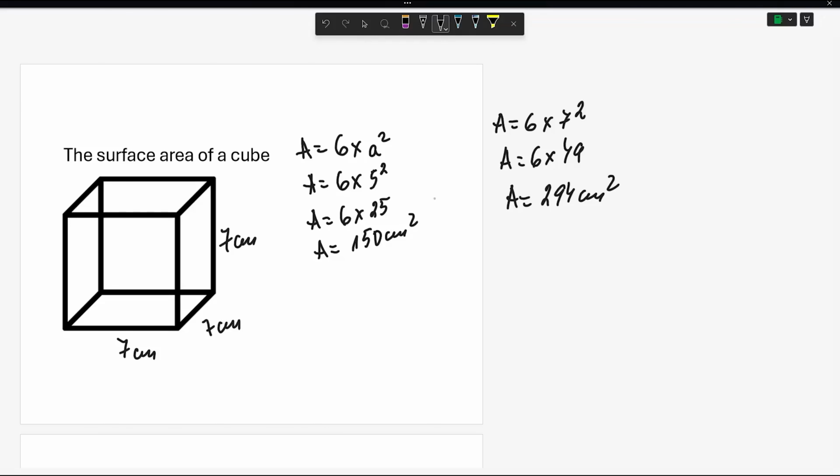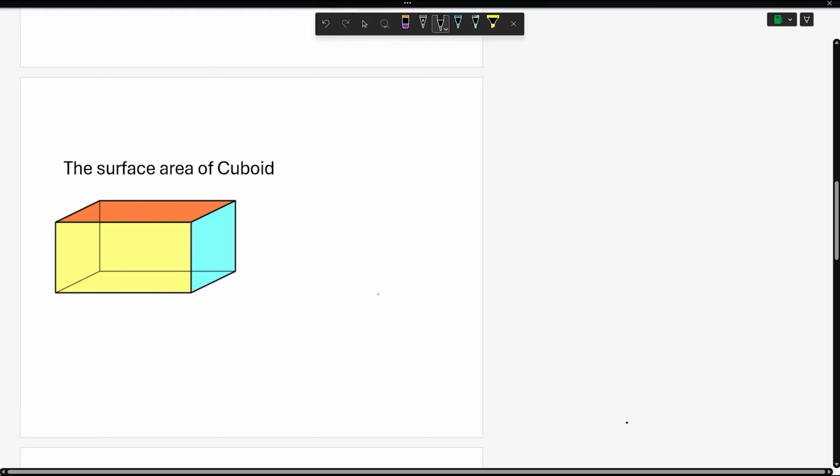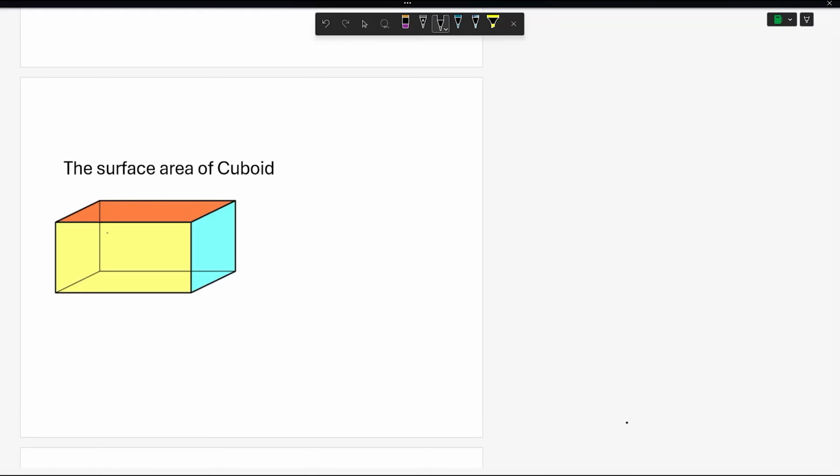Next example, if we have cuboid. Again, the cuboid as a cube also has 6 sides, but this time the sides are not the same. They are 4 the same, so the front, the back, the top and the bottom, they're the same, and our 2 left and right sides also they're the same.